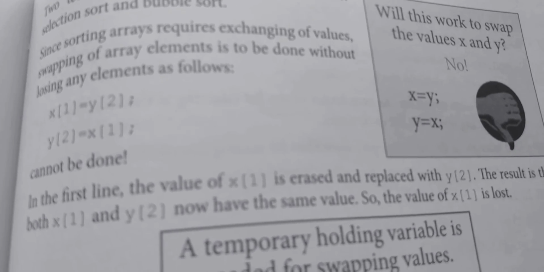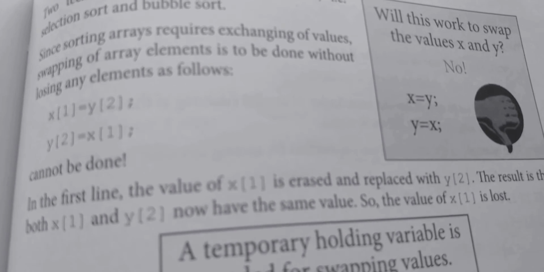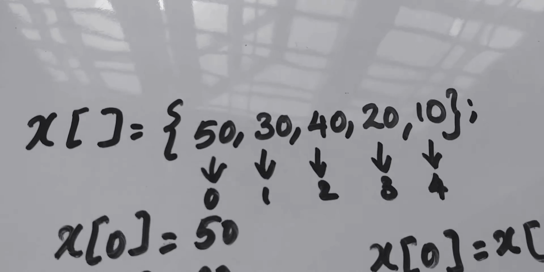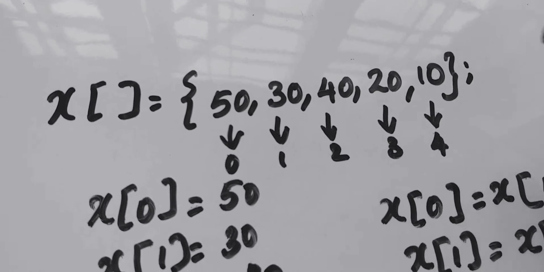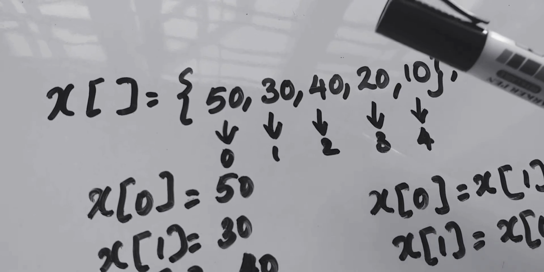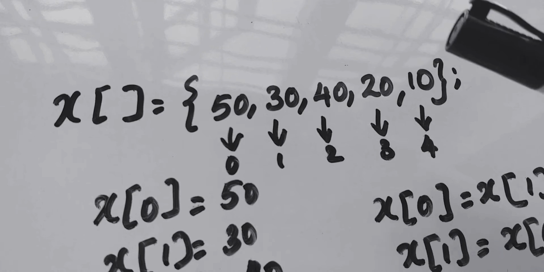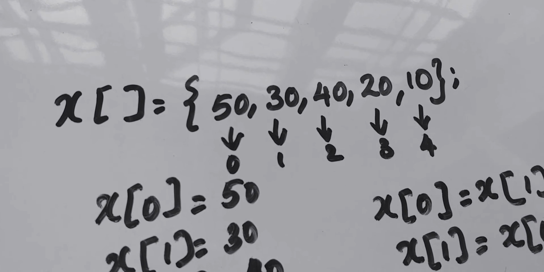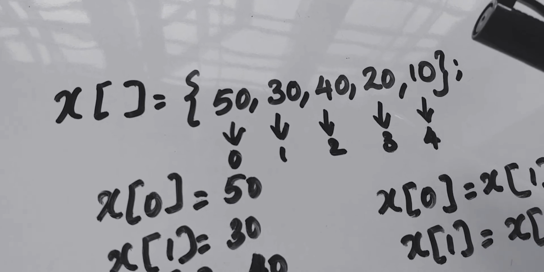Just consider, suppose we have an array called X. Clear, students? So this is our array X. The values we stored into the array are 50, 30, 40, 20 and 10. So a total of 5 elements are there.